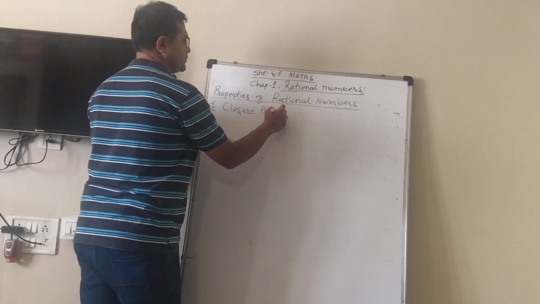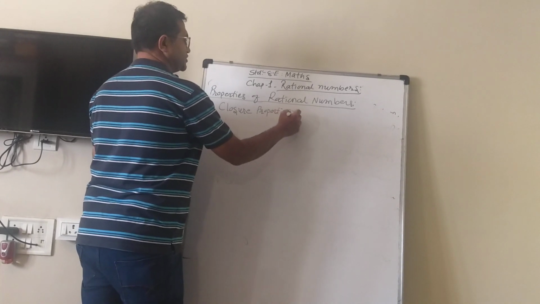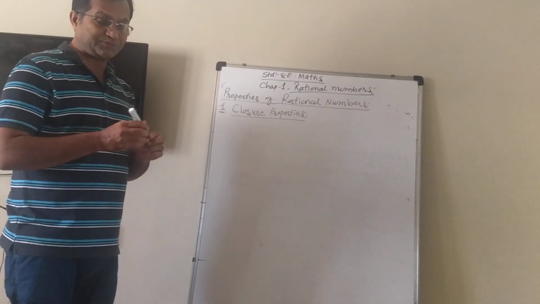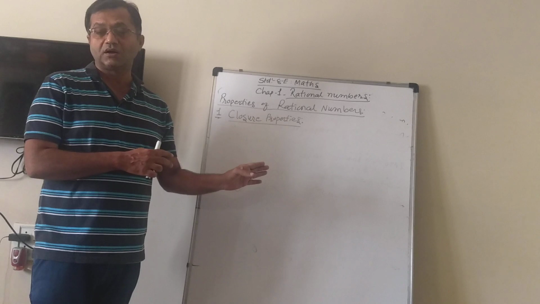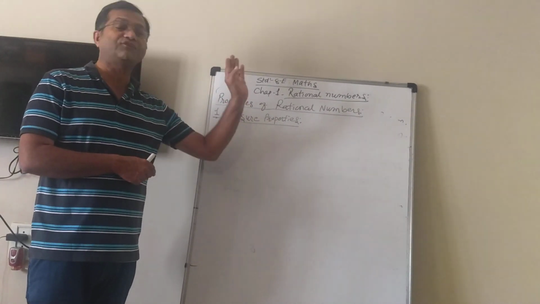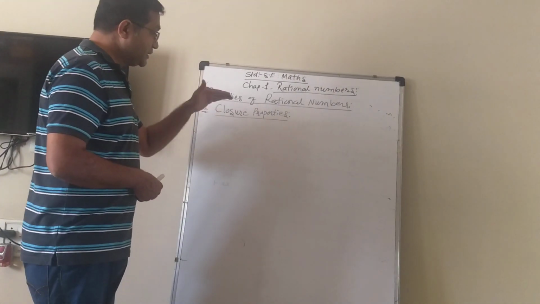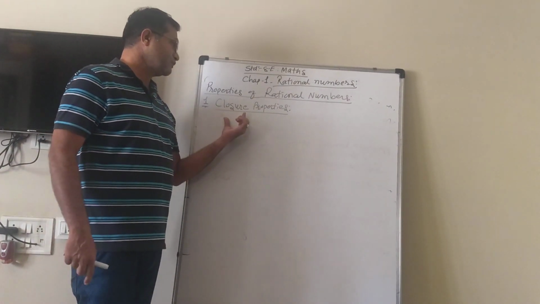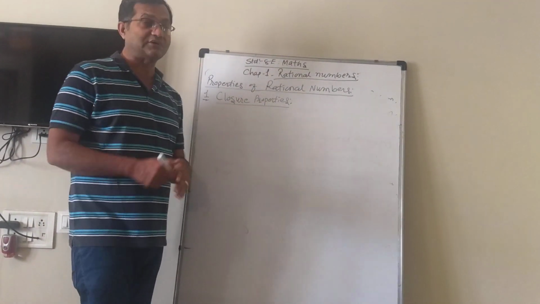These properties are also familiar to you because you learned them for integers and natural numbers. Now we have to check them for the rational numbers also.